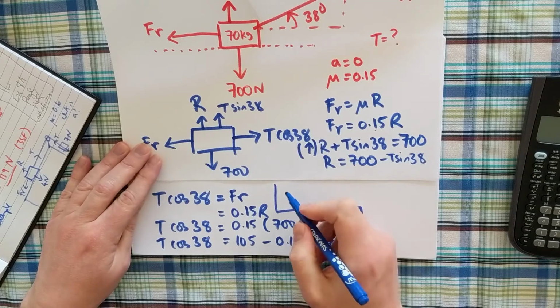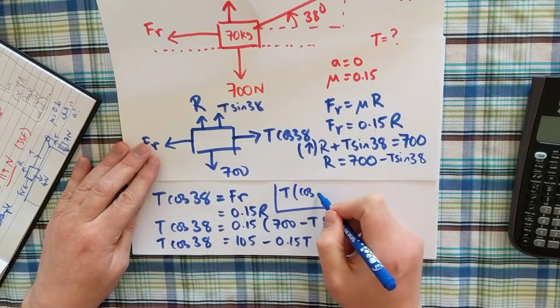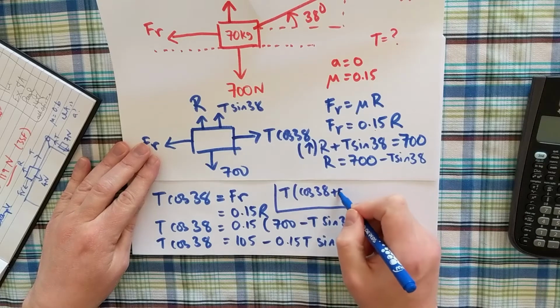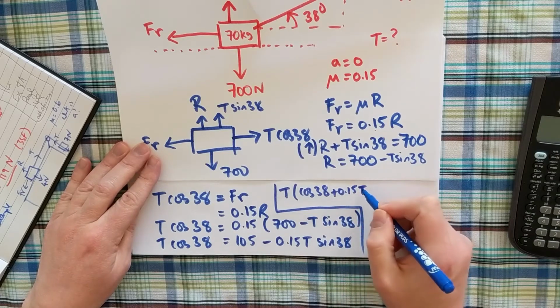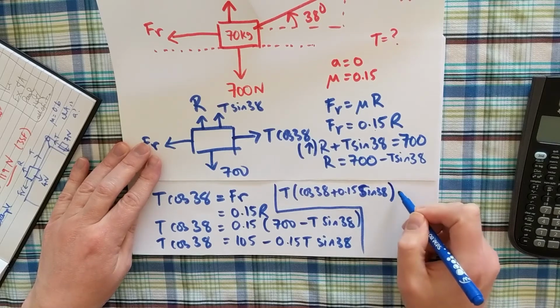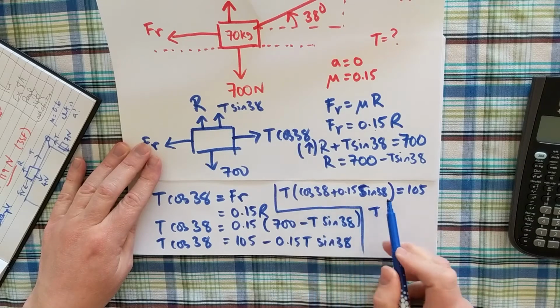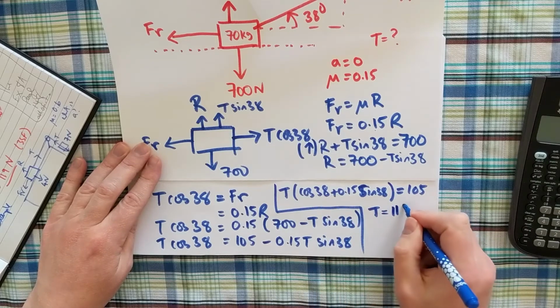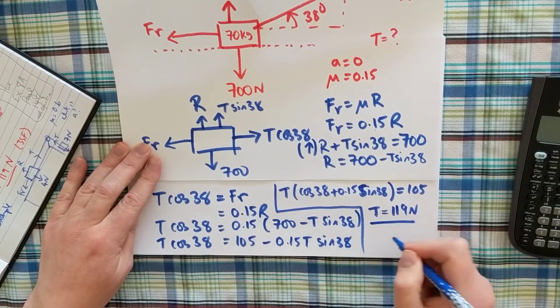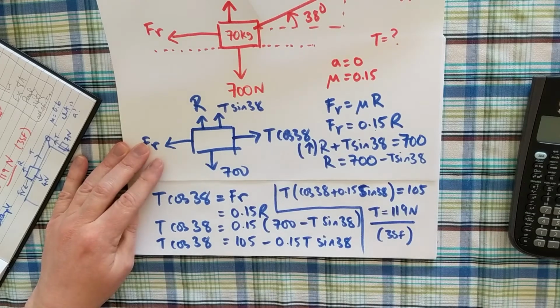I'm just going to do this here. You end up with T, open brackets, cos 38 plus 0.15 T sine 38 is equal to 105, and T is equal to this divided by all of that lump, which is 119 newtons to 3 significant figures.